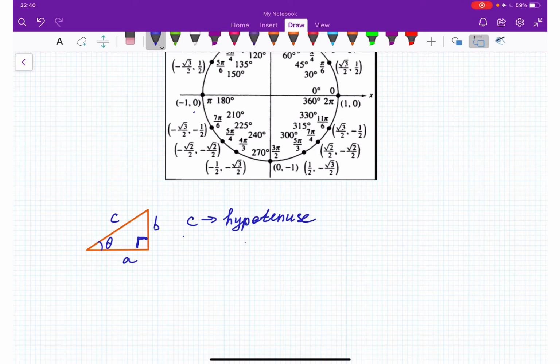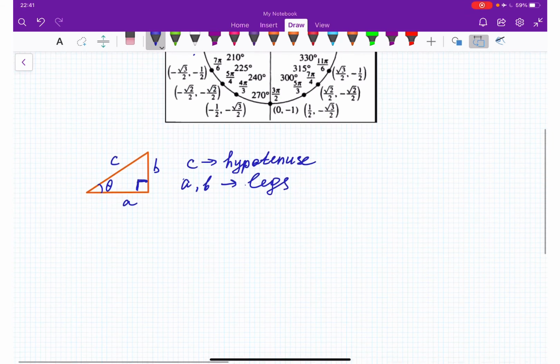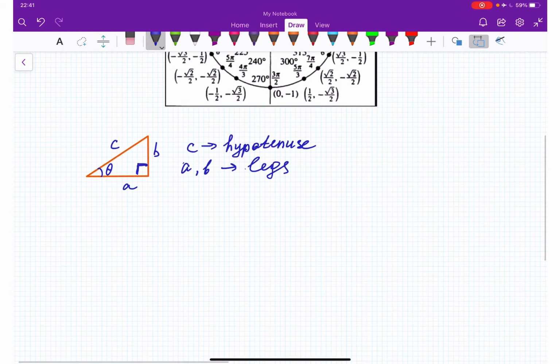And the sides adjacent to the right angle, which are A and B, are legs. Okay, so now let's identify the trigonometric functions for the angle theta.